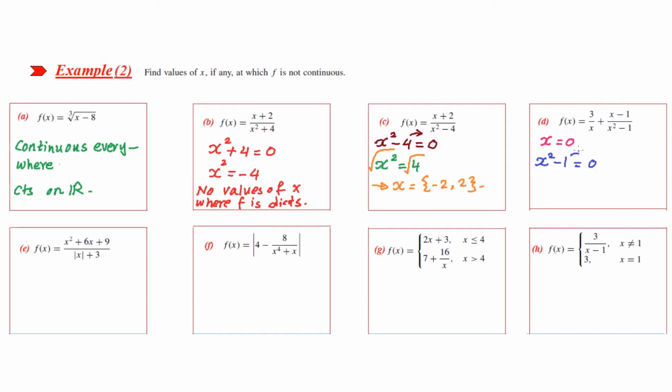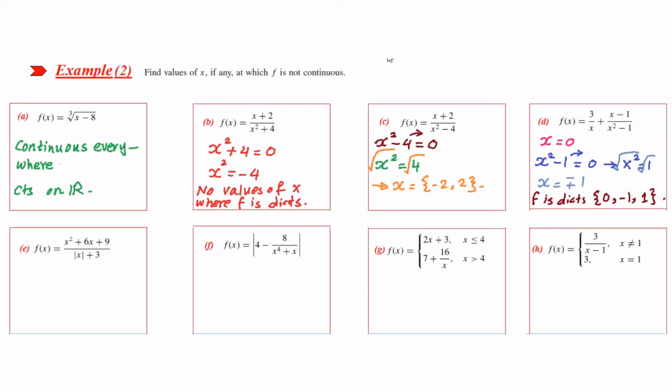By moving negative 1 to the right hand side, you will get x squared equals 1. By taking the radical for both sides, you will get x equals plus minus 1. So f is discontinuous for x equals 0, negative 1, and 1.